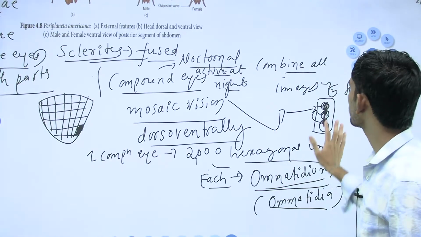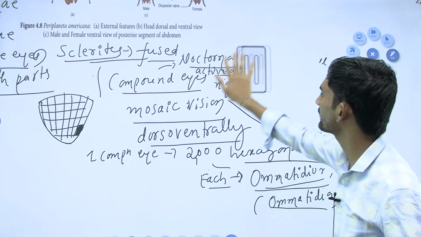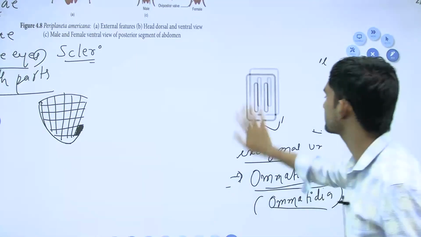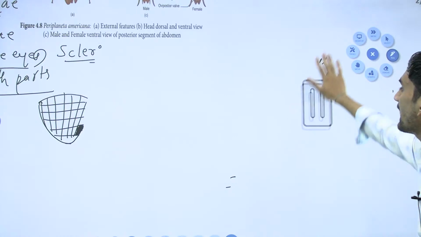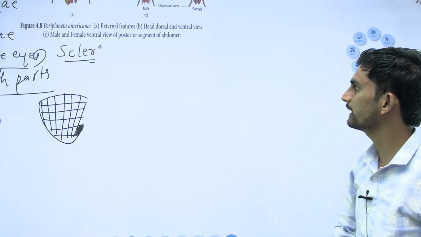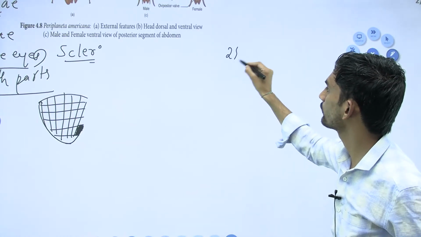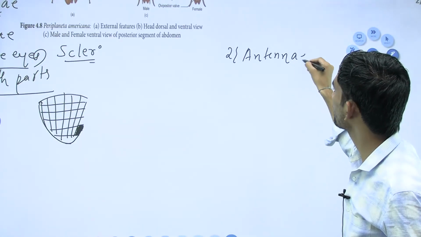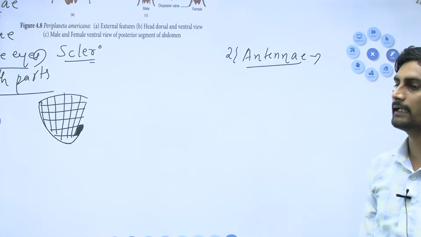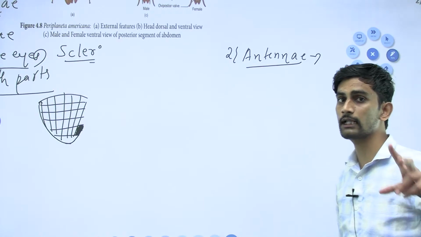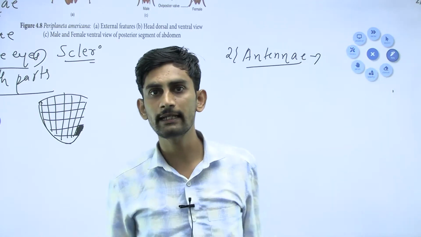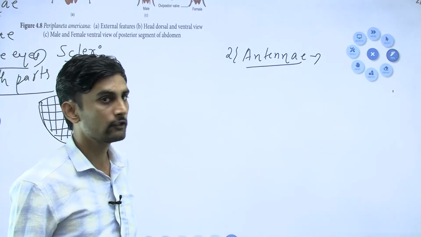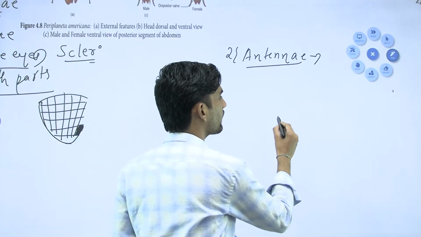After that, you have to remember another very important thing: another sensory structure you will find in the head region. What is that sensory structure called? Antenna. Number 2, antenna, and the plural I'll write as antennae. Antenna means one; antennae means more. How many do they have on their head region? Total 2. These antennae are filamentous structures.